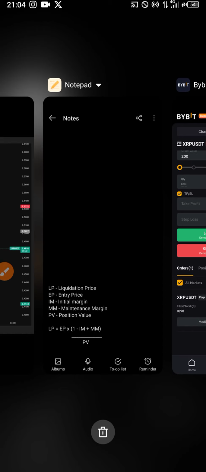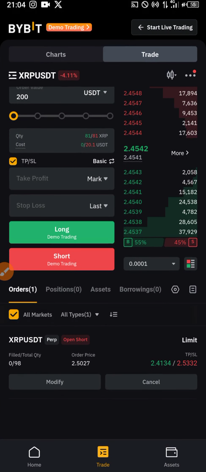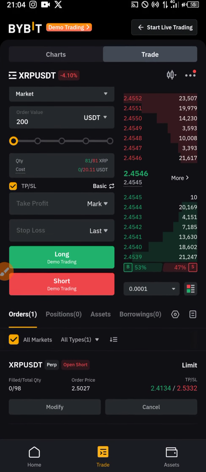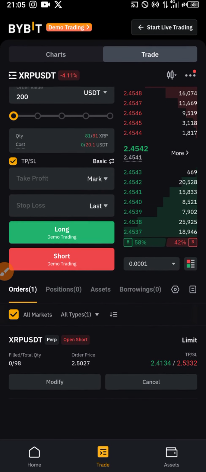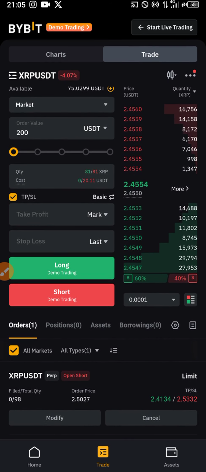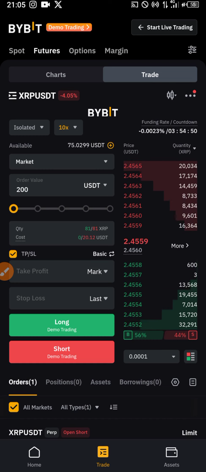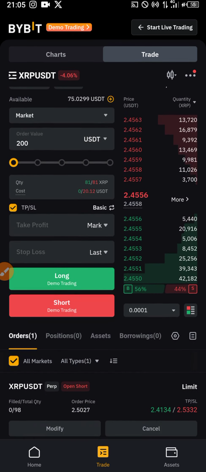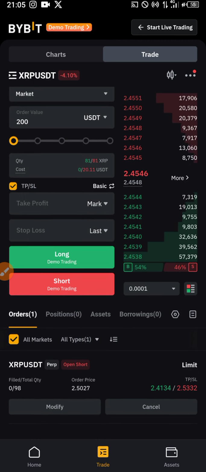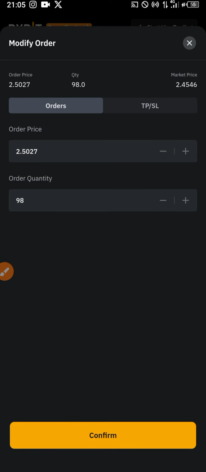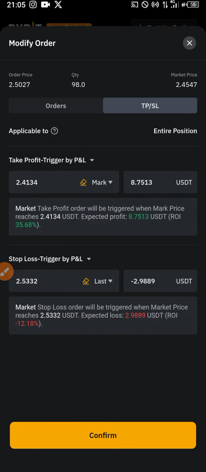What is your initial margin? Initial margin is the cost. Total quantity, TP and SL.